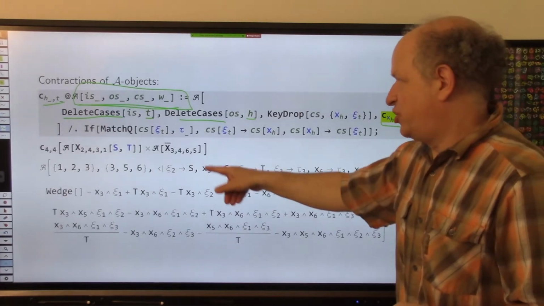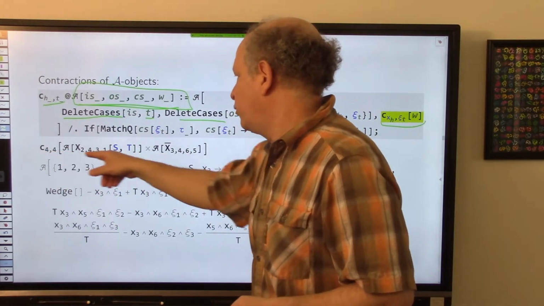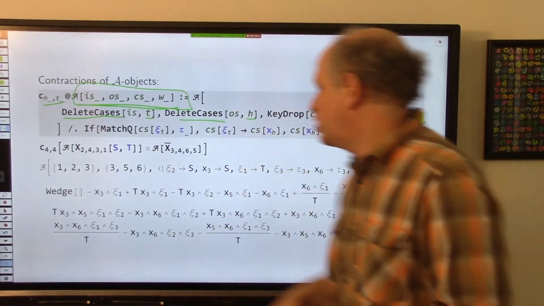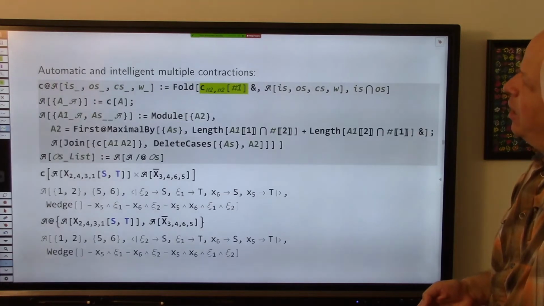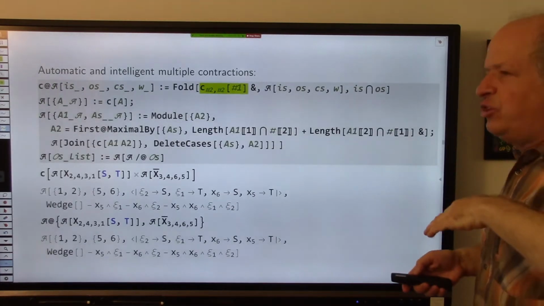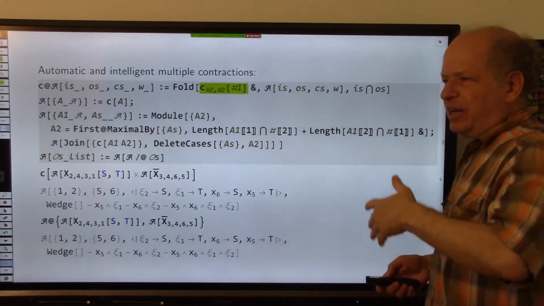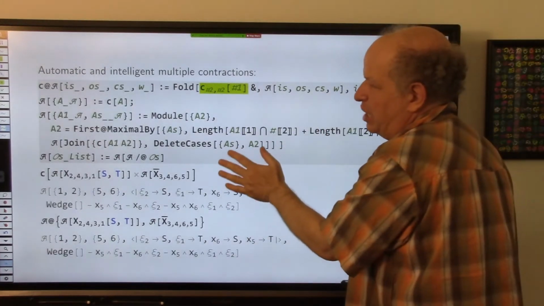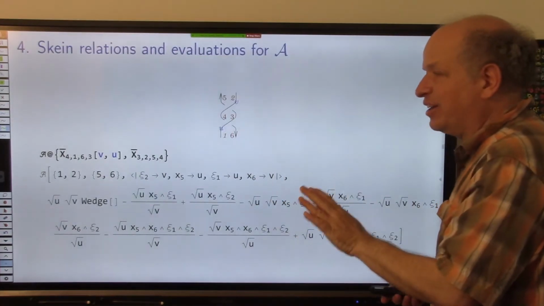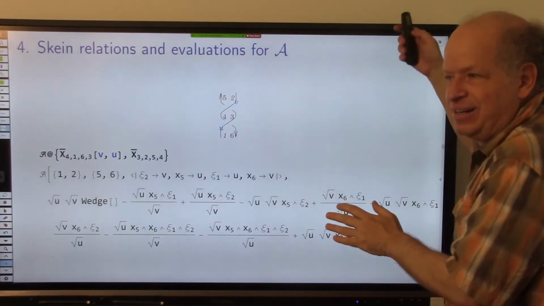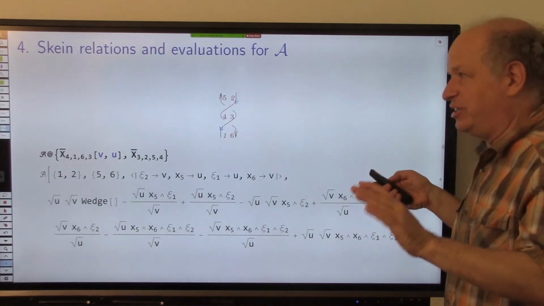So here is an example. Contraction of the thing we computed before gives out a certain specific answer. And then I do multiple contractions automatically and intelligently, and maybe I shouldn't go through it. I'll just tell you that the end result is the program is now done. I'm done discussing the program, and now I can see how it runs.